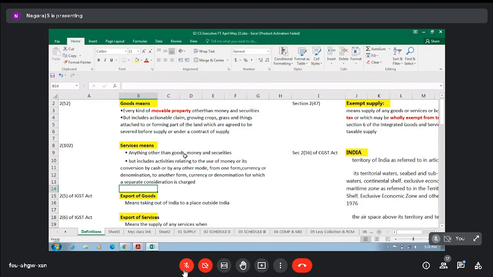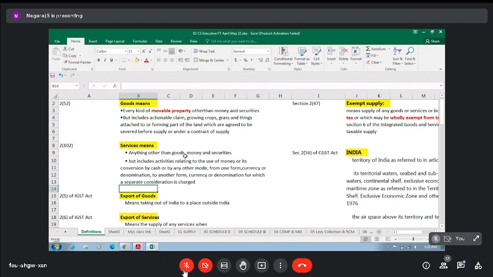Okay. When you supply, meaning sell, immovable property, it is not goods or service. But I will tell you when it becomes service. When you give the immovable property on rent or on lease, you take the amount as consideration.